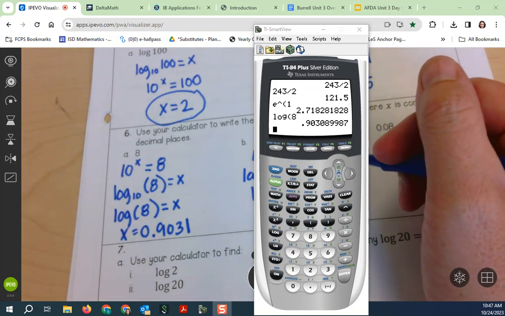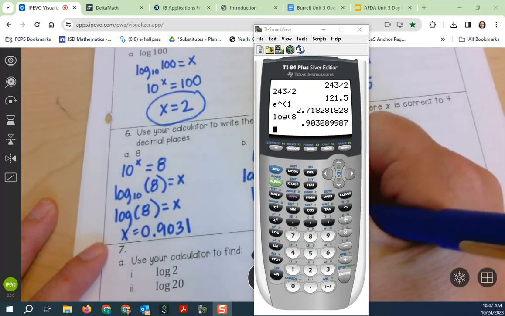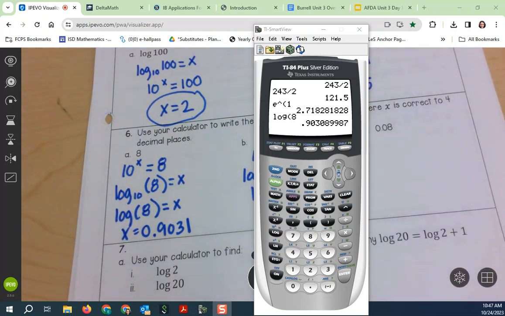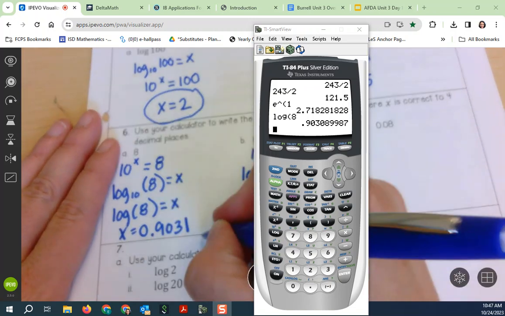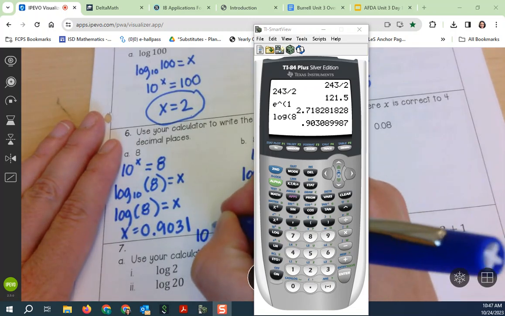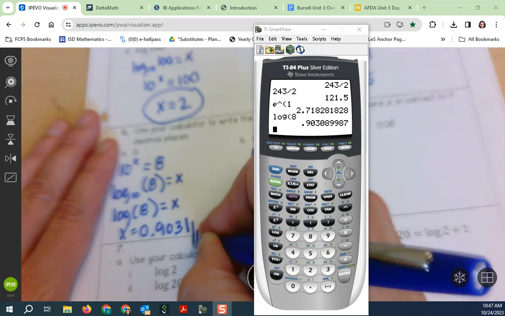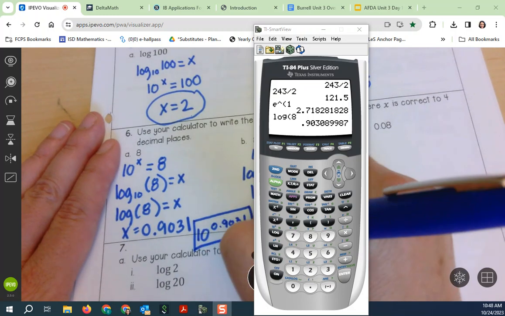But it's good practice until you figure that out. Oh, and one thing I forgot is that it says to write it in the form 10 to the x. It doesn't just ask what x is. So this one we would write it as 10 to the 0.9031.